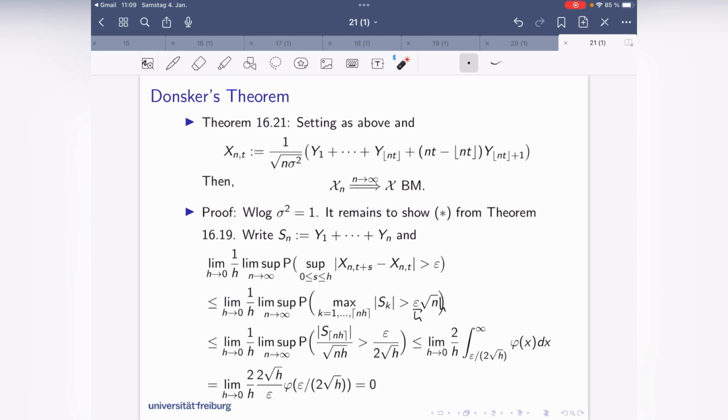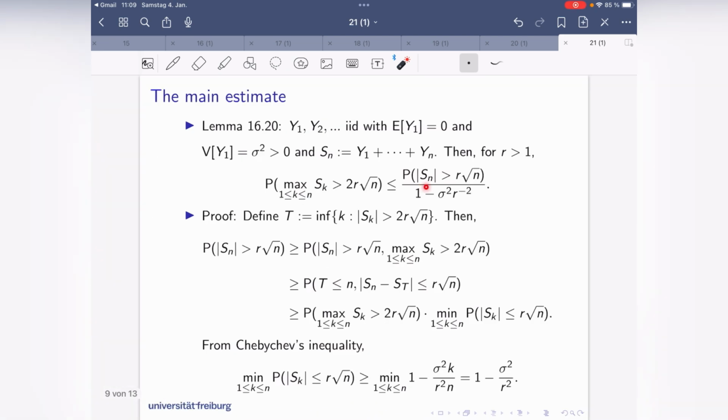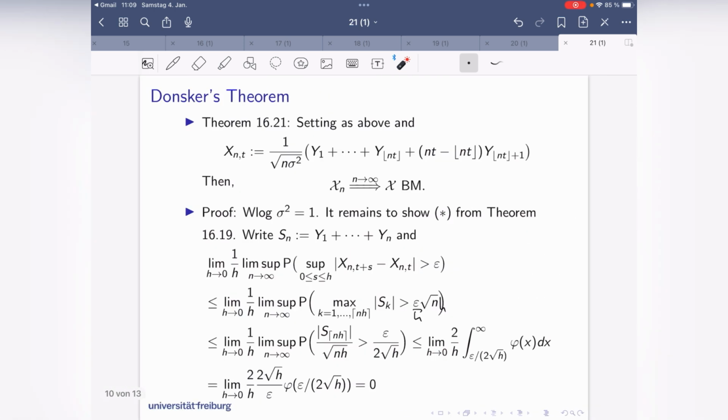And I'm stuck with what I have here: epsilon is bigger than r times square root of n. r is epsilon divided by square root of h, times n.